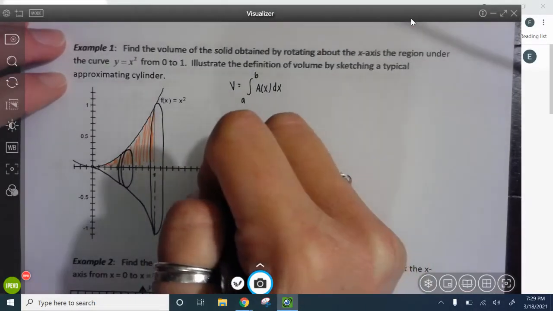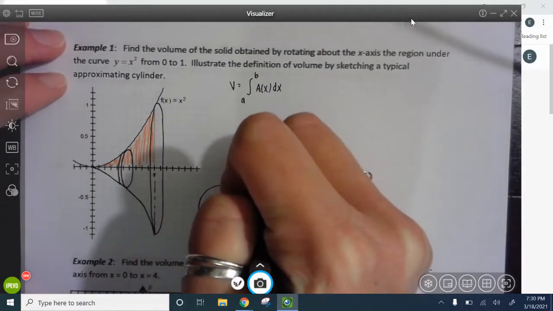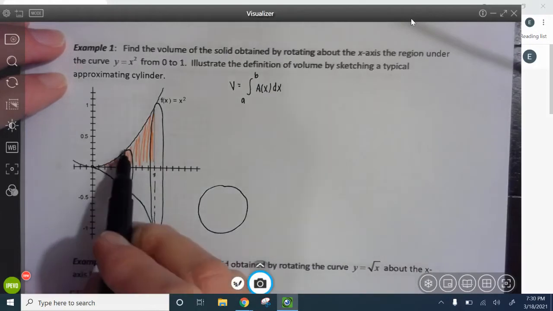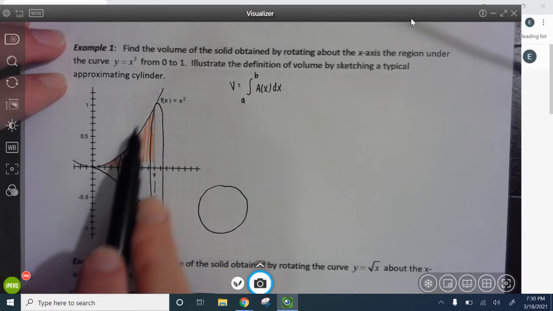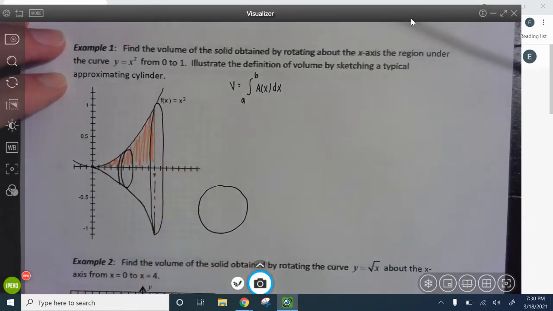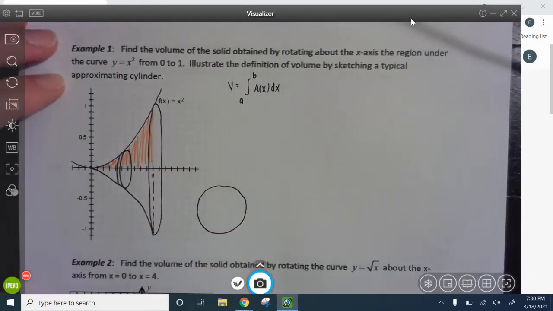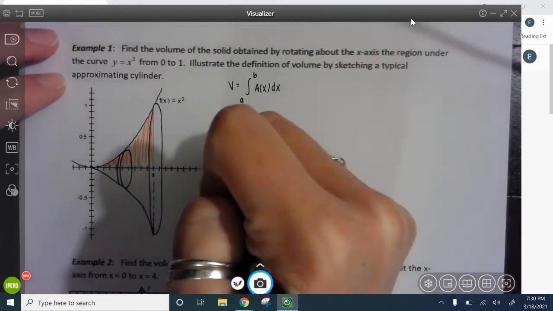If I pull this circle out, the top of the circle is going to be representing this x squared. And what I want to know is what the area of this circle region is going to be.